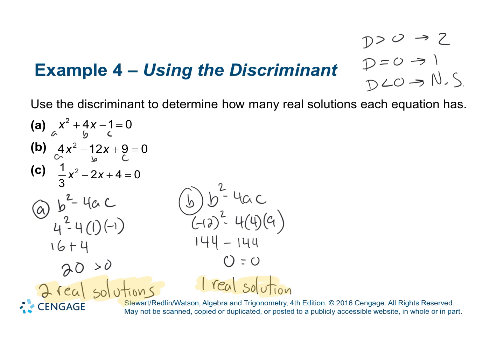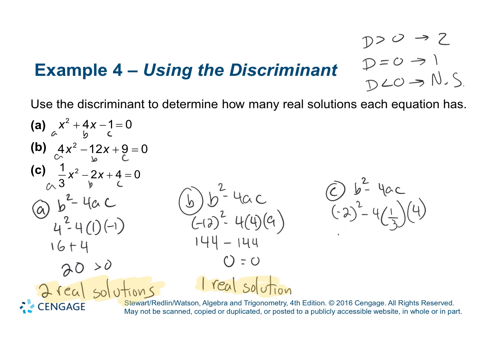And then we're going to do the same thing for C. So we have our B squared minus 4AC. We have our A is 1/3, our B is -2, and our C is 4. So we're going to do -2 squared minus 4 times 1/3 times 4.